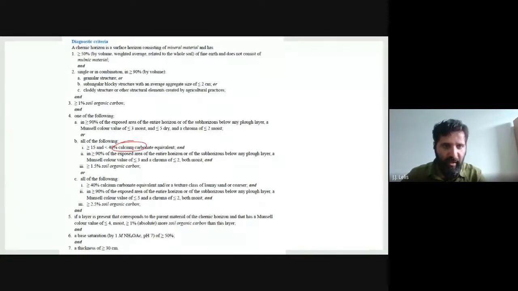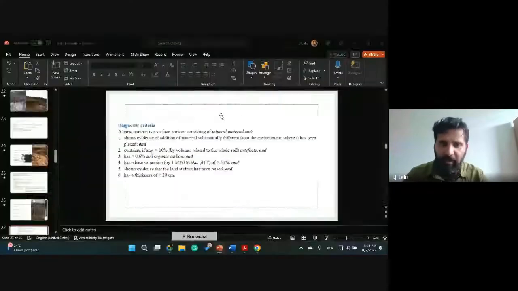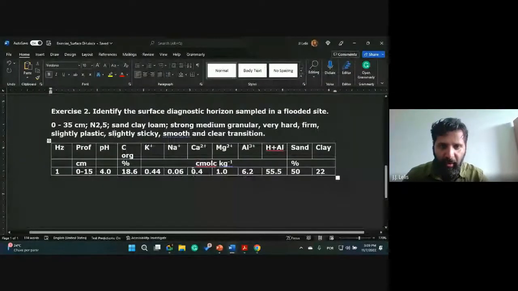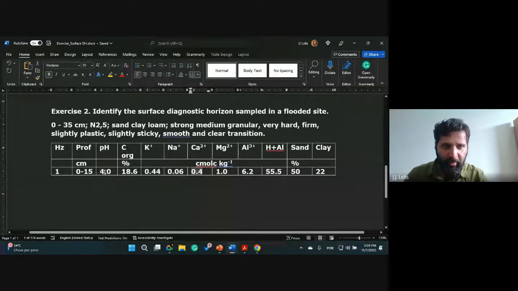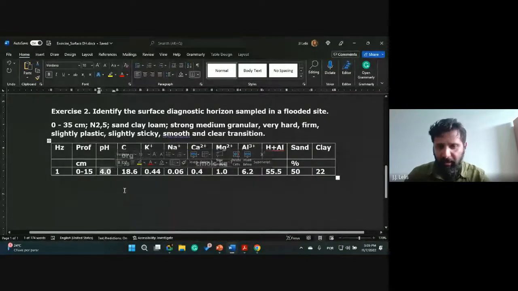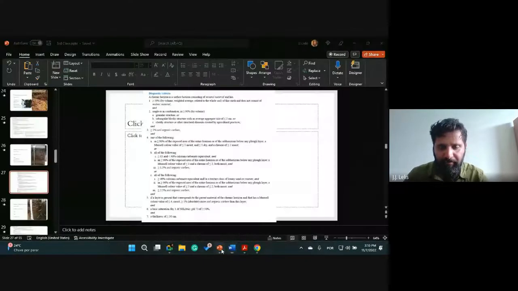And we don't have both. Why don't we have a high content of calcium carbonate? Because we have a low content of calcium and the pH is also low. If we present a high content of calcium carbonate, the pH should be high, okay? So if in this horizon we present a low content of calcium and a low pH, it's not a chernic or mollic horizon, okay?